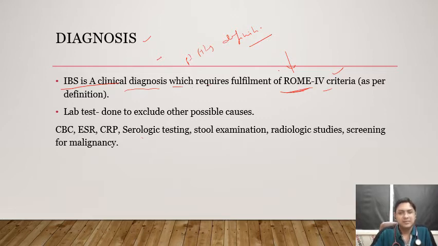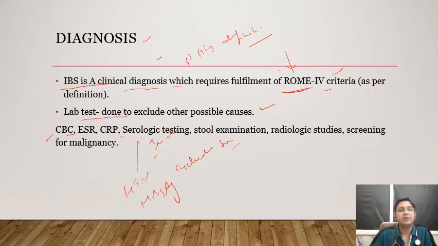And so, should we go for lab tests? Yes, definitely, because we have to exclude some diseases, and for the exclusion of diseases we need laboratory confirmation. So we first go through the routine tests, in which we have CBC, CRP, and serologic testing for HIV and HBsAg.